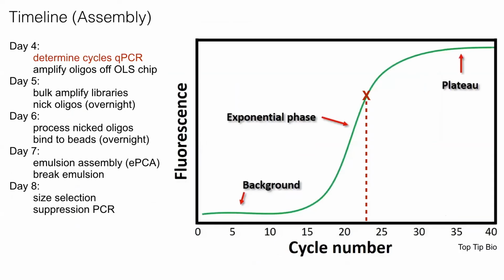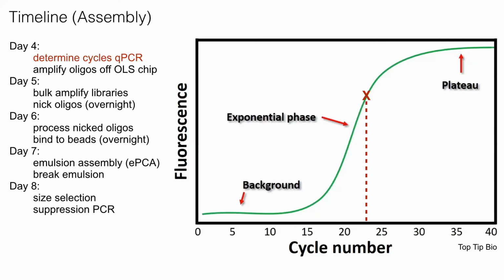All right, so I thought this would be covered earlier, but I don't think it has. One of the lures in subpool assembly is that when you order your chip with many defined subpools with orthogonal primers on there, you have to amplify it off of the chip in the first step.